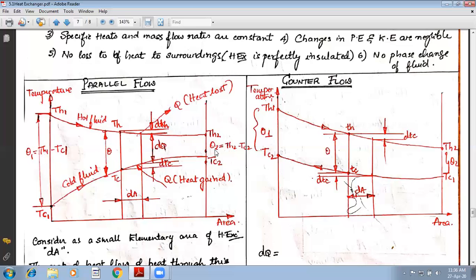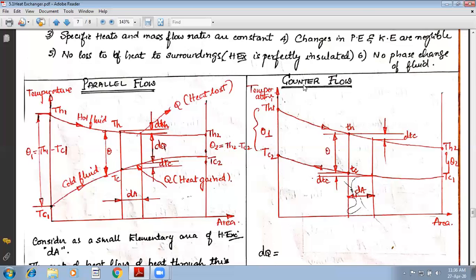Similarly, theta 2 is nothing but the temperature difference at the outlet condition Th2 minus Tc2. This is true for parallel flow heat exchangers.